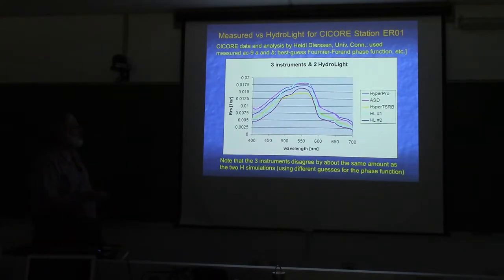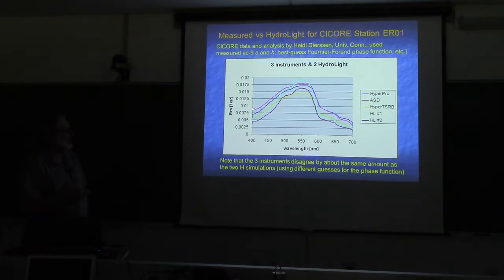Okay, here's a different experiment now. This is a California experiment. Heidi Dierssen, I think, will be here next week to give us a lecture. And she's as good as you can get for going out and measuring these kinds of measurements. So she has 3 instruments, a HyperPro, an Analytical Spectral Devices, and a Hyper-TSRB.